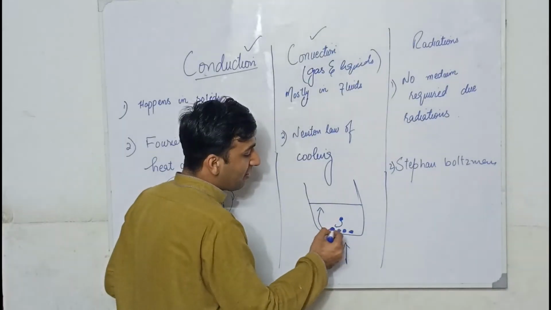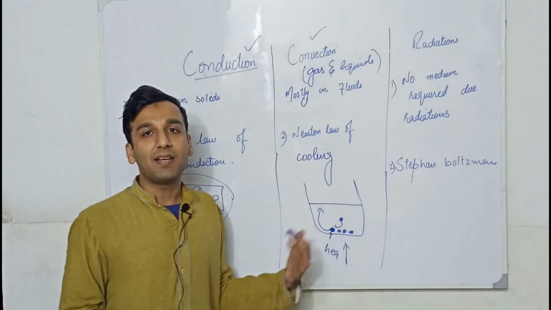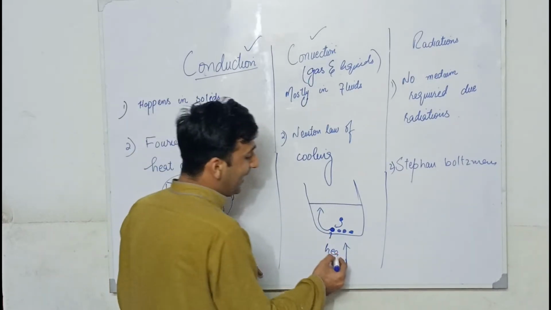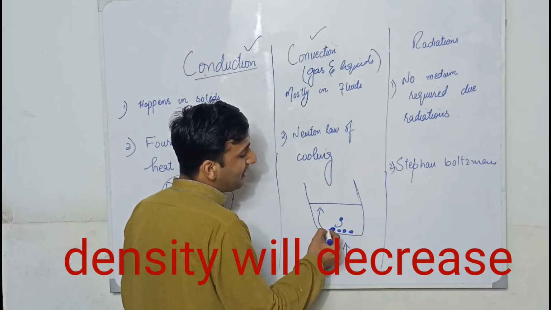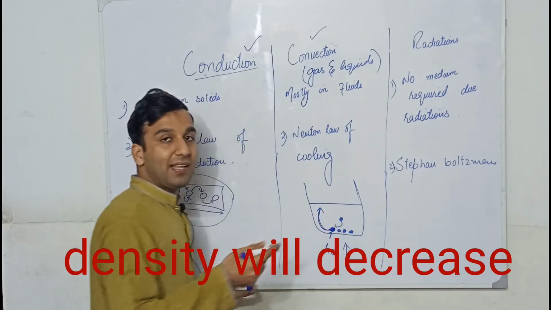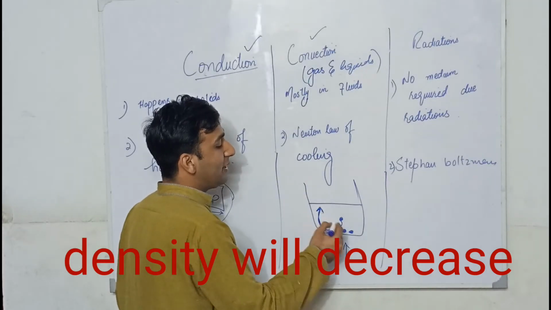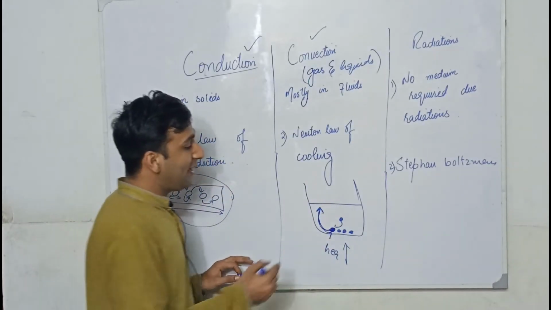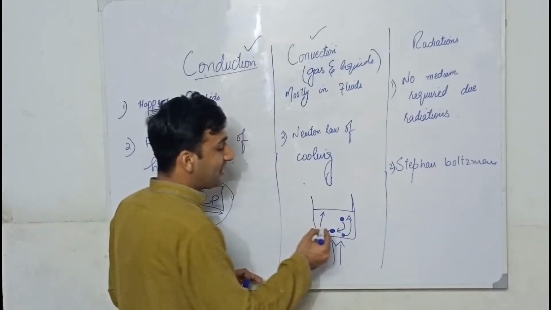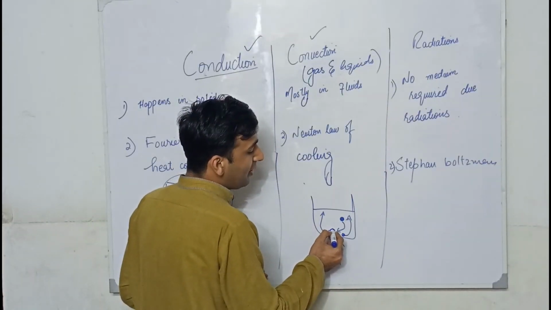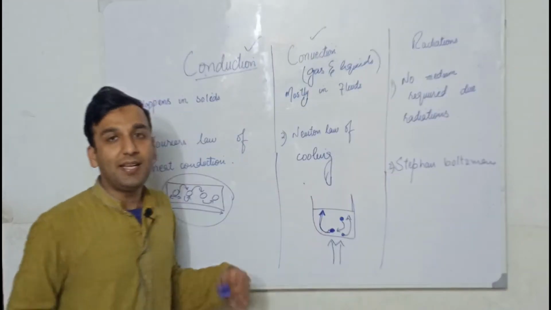So this is called convection, and this is called natural convection, because when we heat, the molecule will gain heat and the density will decrease, and they will leave their place and move to the top of the container. In this way, the heat is uniformly transferred. In convection, you will see that the molecule will transfer from one place to another to transfer heat.